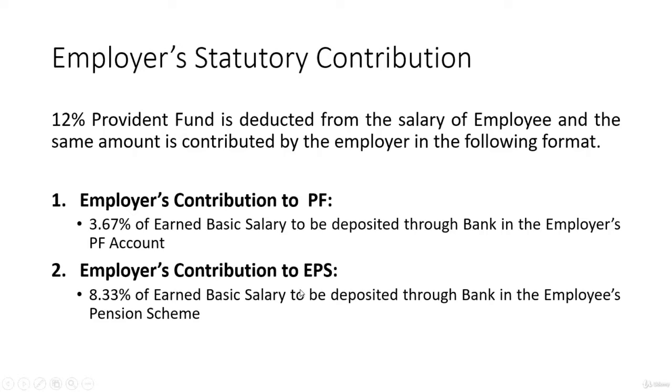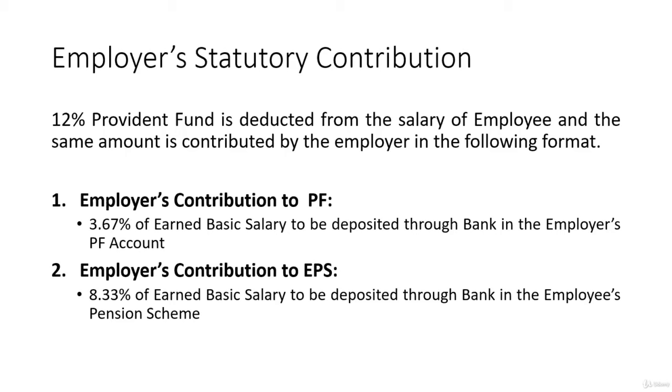Now, the next deduction we have is employer statutory contribution. See, in this contribution, a total of 12% of PF is deducted from the salary of an employee, and the same amount is contributed by the employer also.